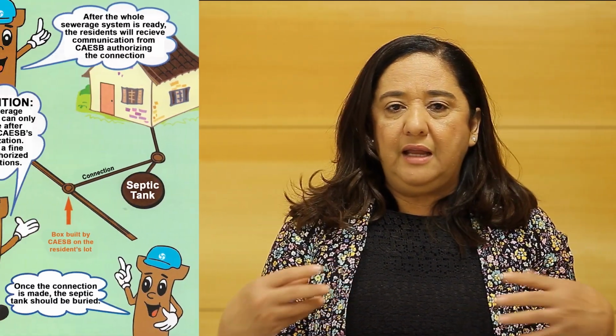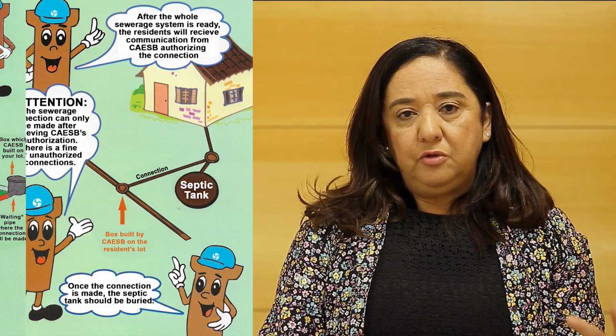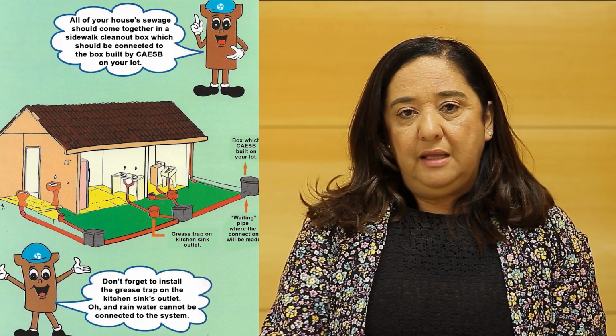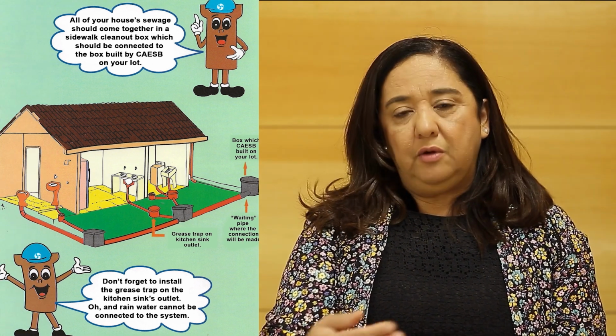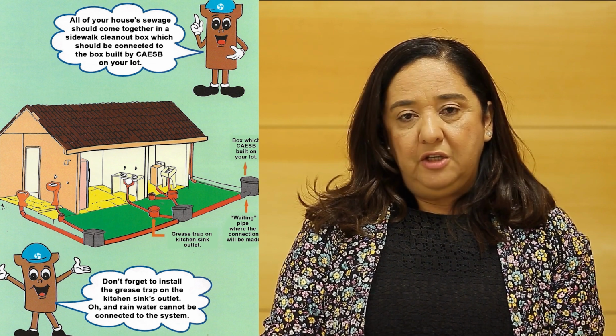At that point, we have another interaction with the resident, which is to explain to them, look, now the system is ready, now you're going to do it like this, make the connection this way. So we hand out manuals, provide all the informational documentation, and explain to each resident how they should connect their internal installations to the box that was built by KSB and to the condominial branch line.